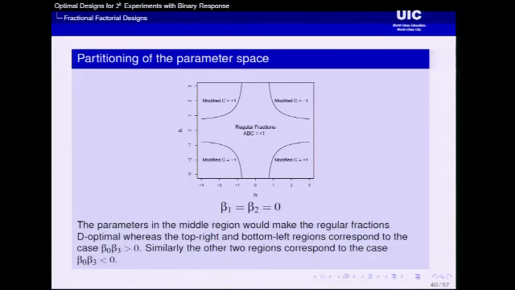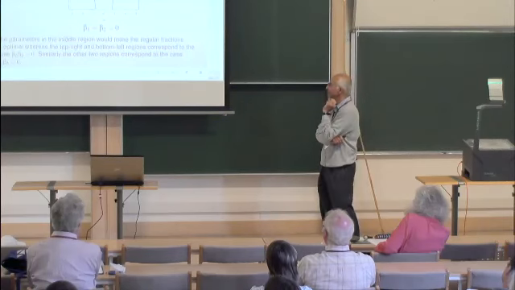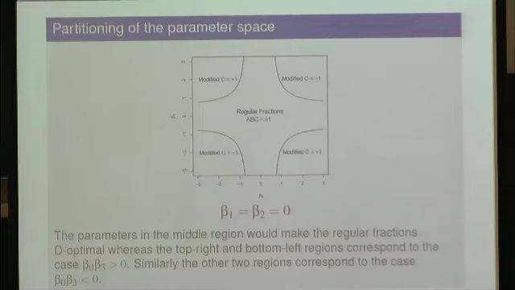We are looking at a 2-cubed, a half fraction. That means 2-cubed has 8 experimental conditions. We say we will run only 4, it doesn't matter which 4, but we will run only 4. What is the best fraction? So what is the best half fraction? Here is a very simple case that we can have nice pictures for.